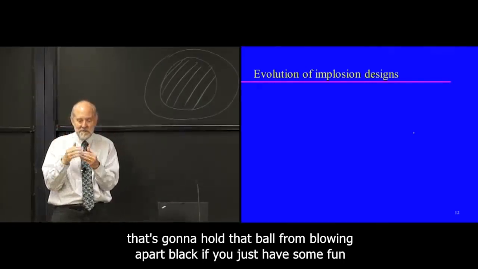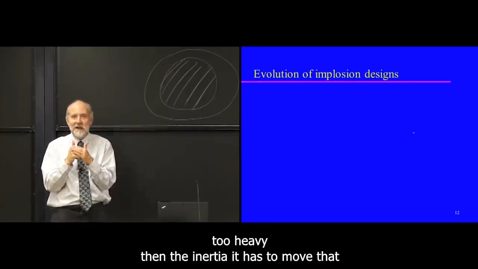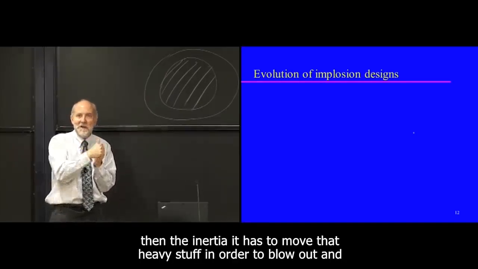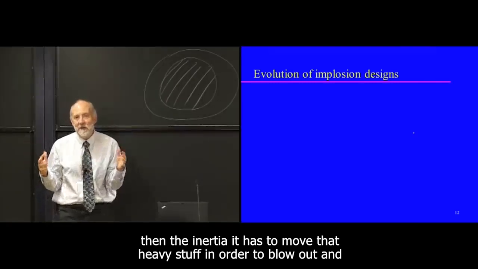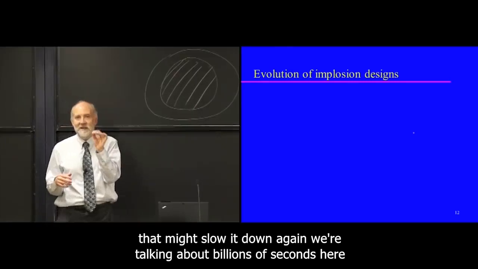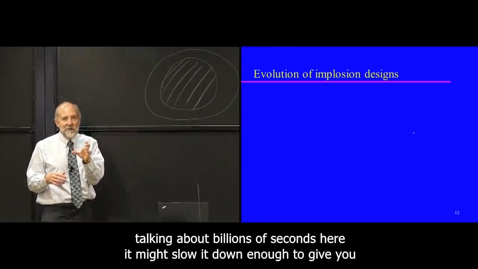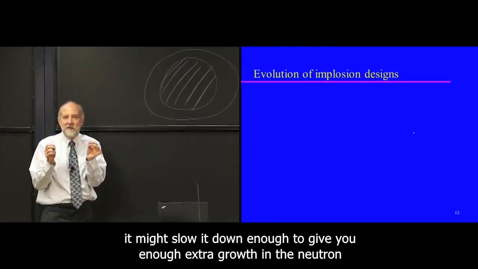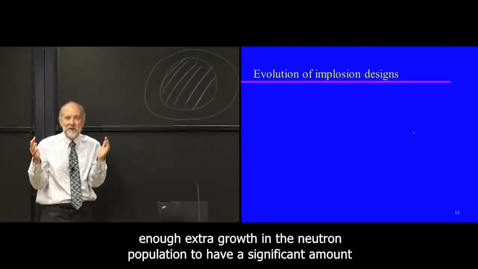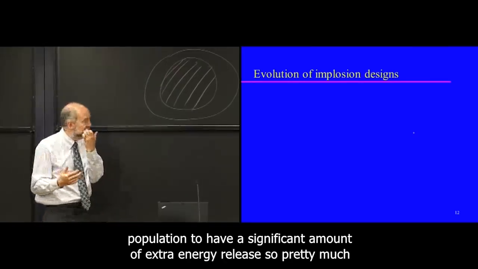But if you just have something heavy around it, then the inertia, it has to move that heavy stuff in order to blow out. And that might slow it down. Again, we're talking about billionths of seconds here. It might slow it down enough to give you enough extra growth in the neutron population to have a significant amount of extra energy release.